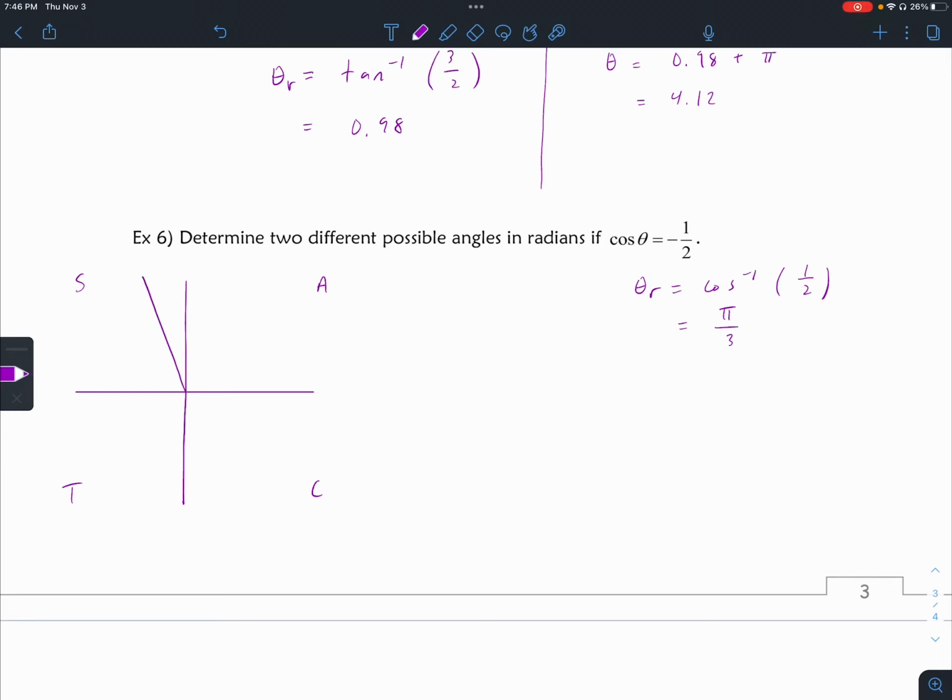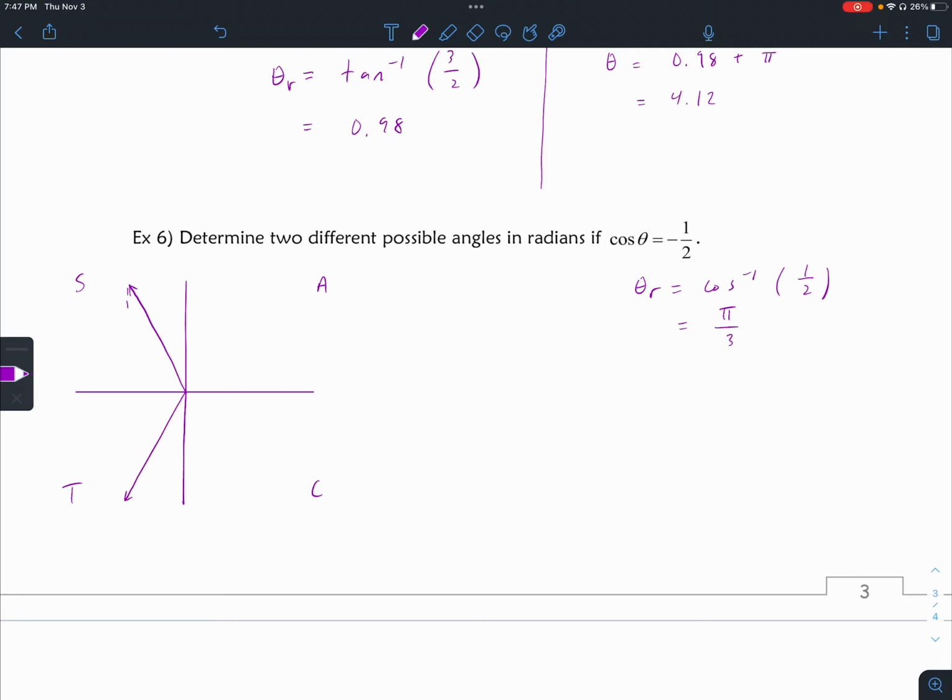So that's a related angle. We know that we're going to have a terminal arm here, and we're also going to have a terminal arm here. Okay, now I maybe drew this a little too steep, so let me draw it again. Okay, so those are the two positions.